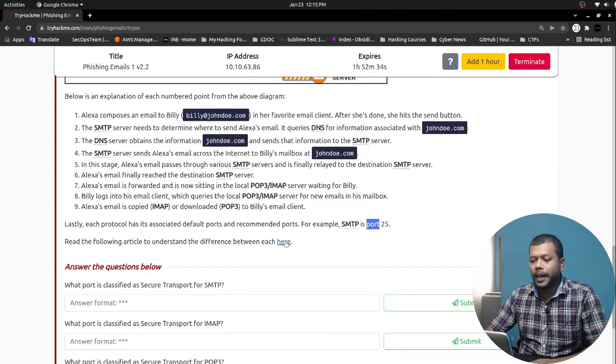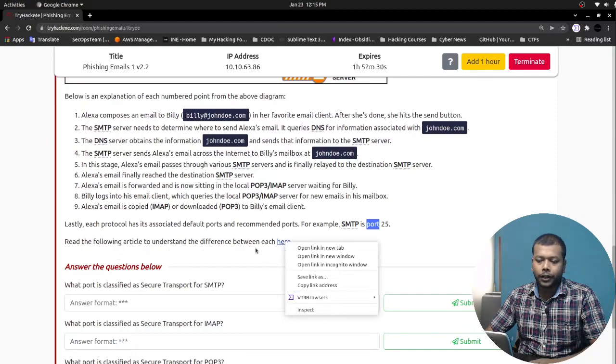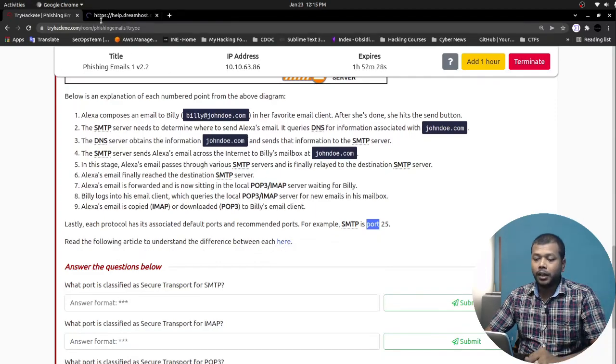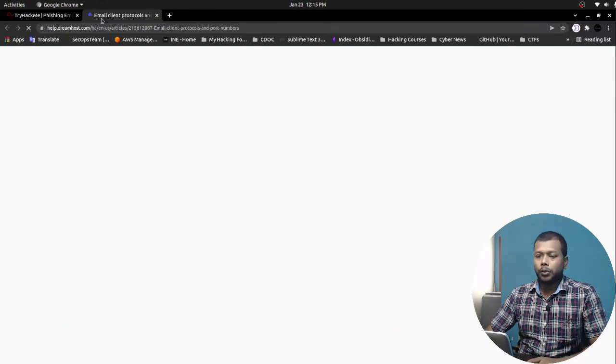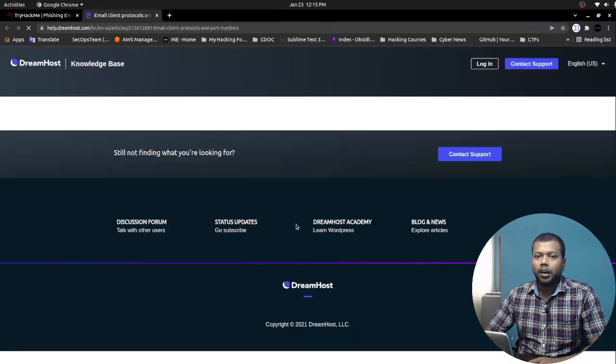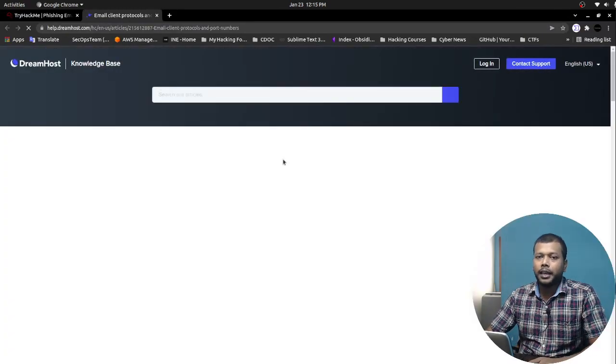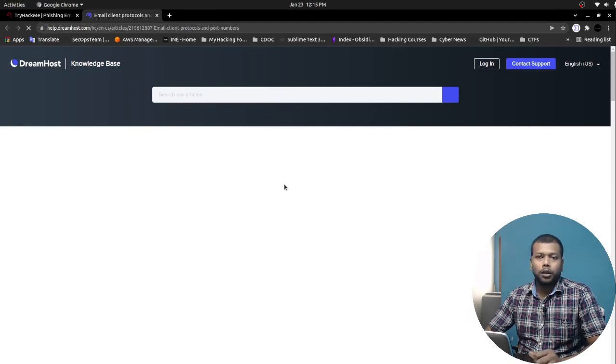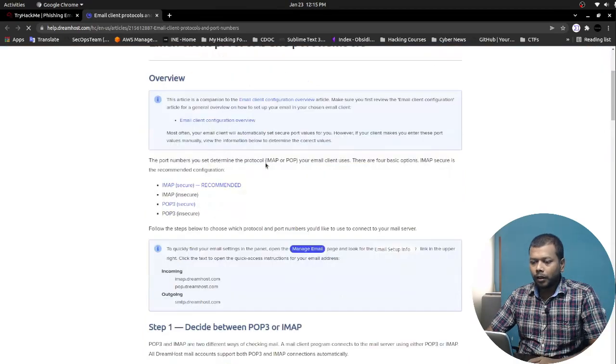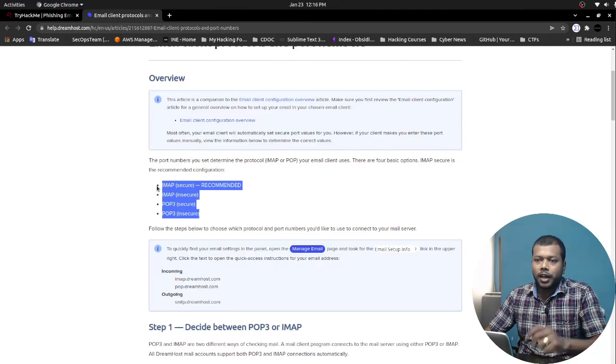This is a different server from where the clients can retrieve the emails. So this is the life cycle of an email, and what I explained here, they gave as a sentence. So you can refer to it if you want.